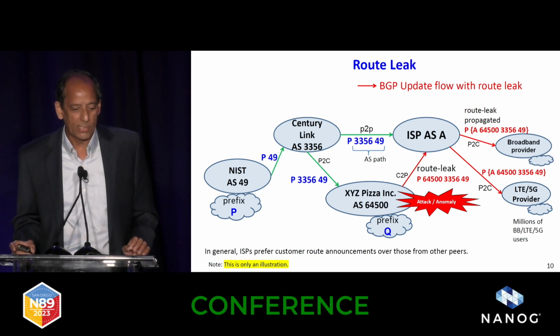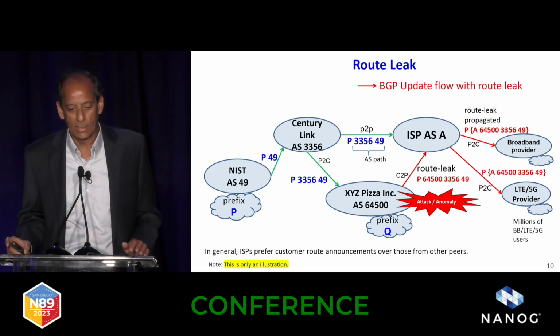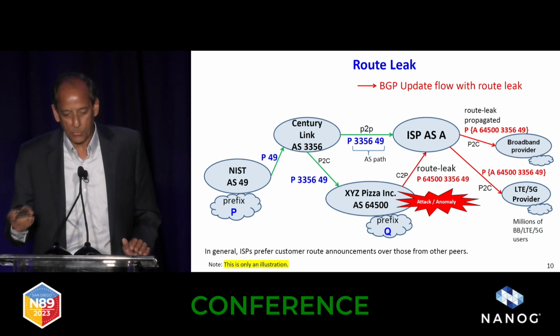Let's say NIST is connected to CenturyLink, and CenturyLink is peering with another major tier 1 type of ISP, that is ASA. On the right-hand side, there is a broadband provider, an LTE 5G network provider, and millions of users are present there.